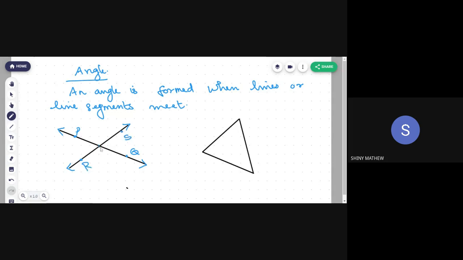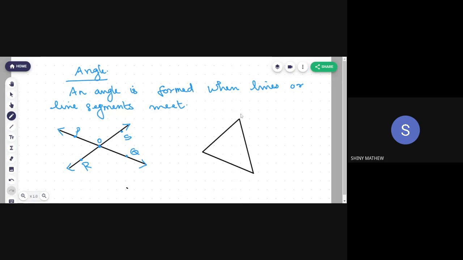And this intersecting point is O. O is in both lines, POQ and ROS. In two lines we can see the same point O. That means it is the intersecting point. Here the lines PQ and RS intersect at the point O.